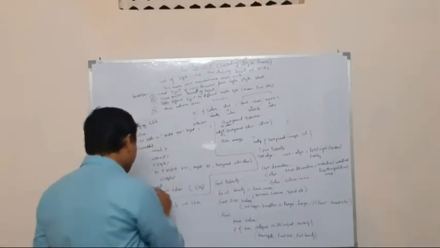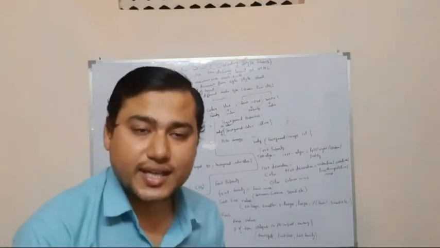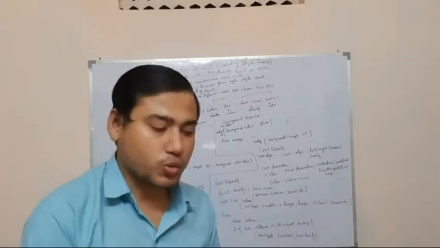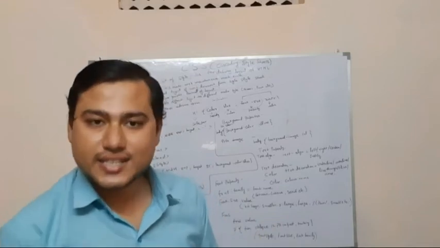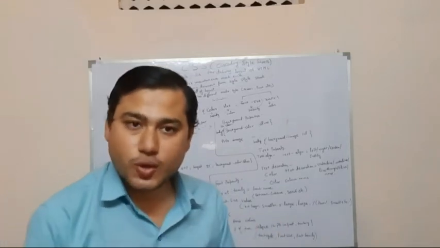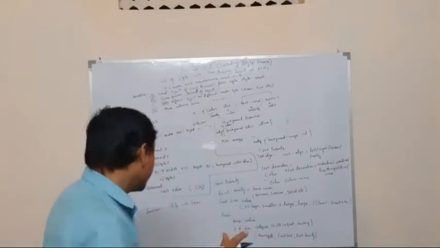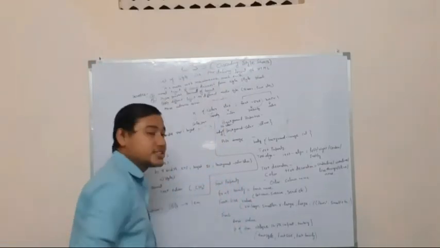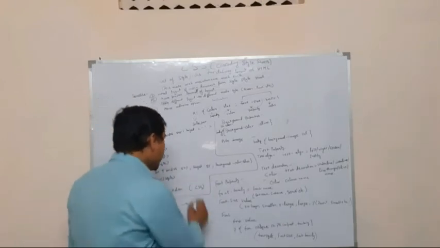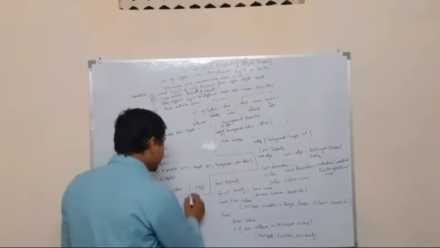Now the next one is external. For external you need another text editor. Inside the text editor you have to write a style tag. Under the style tag you have to write the selector, property, values, all the things you have to define, and then save it with the extension .css. You have to use the .css extension.